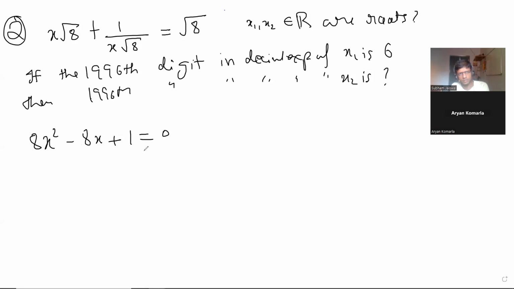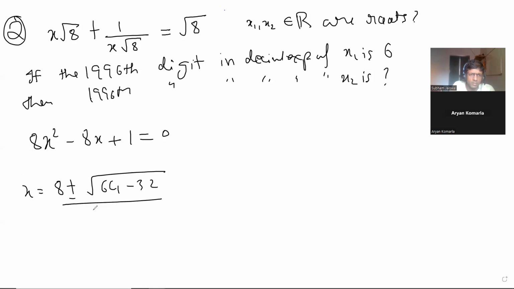So x will be 8 plus or minus root 64 minus 32, divided by 2 into 8, that is 16. So it is half plus or minus root 32 over 16.